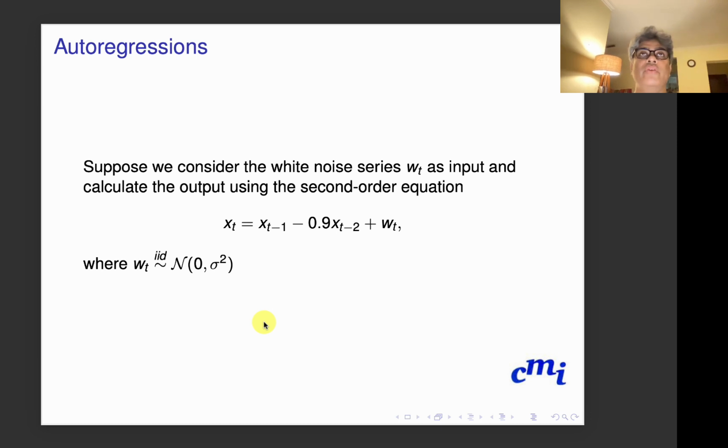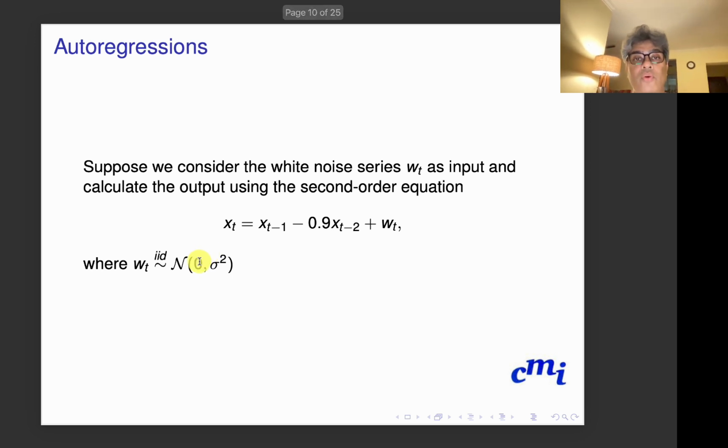Next, we will consider another new model called the autoregression model. Suppose we consider the white noise series Wt as input and calculate output using the second order equation, xt equal to xt minus 1 minus 0.9 xt minus 2 plus Wt. Here for xt, you're taking two kinds of inputs: xt minus 1 and minus 0.9 times xt minus 2, and Wt, where Wt is a Gaussian white noise.